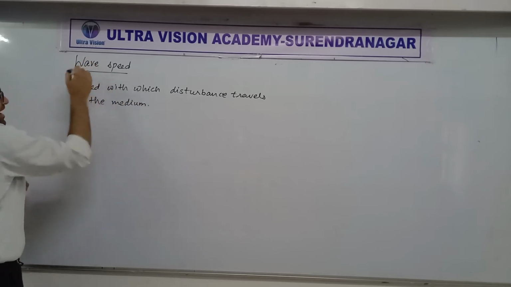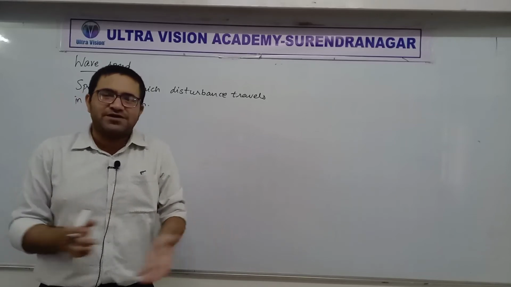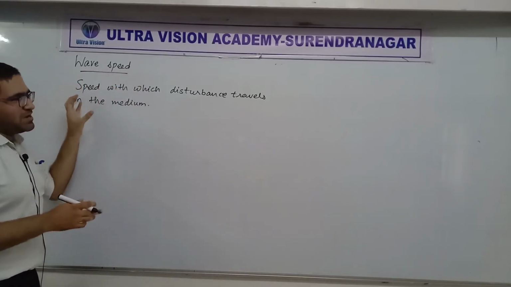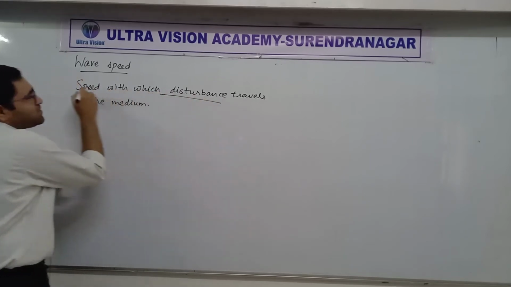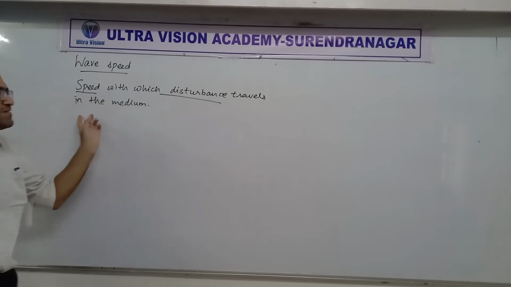Again, wave is not an actual object, remember. So it's not like asking what's the speed of a car. That's wrong. Wave is not like a car. Wave is a phenomenon. So wave speed means the speed with which a disturbance travels in the medium.